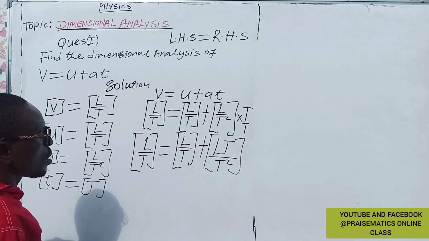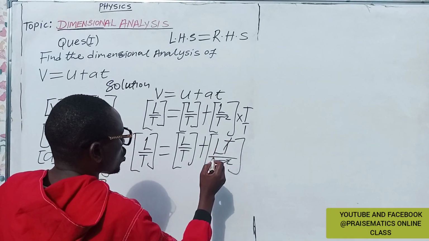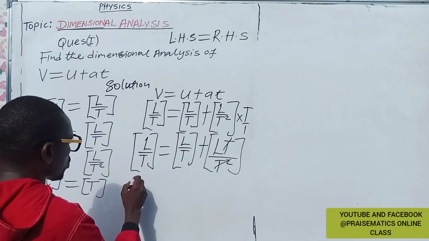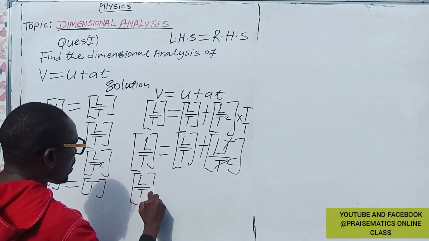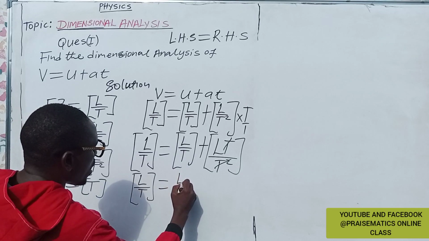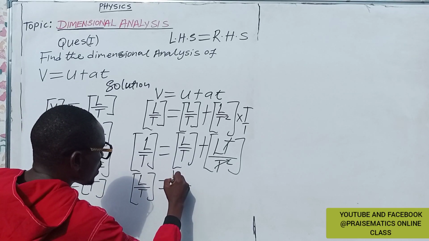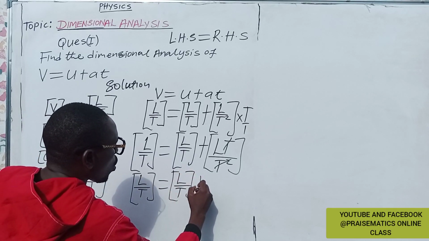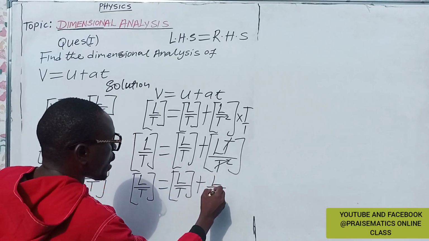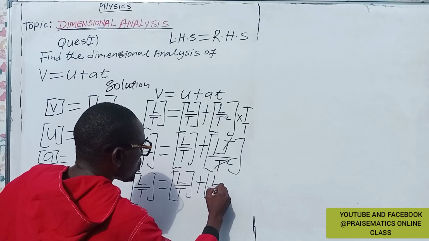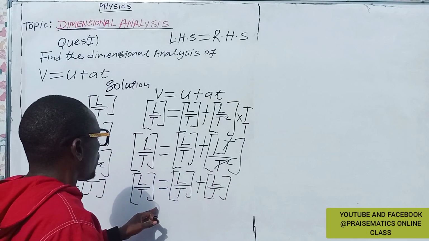Mathematically, this T can cancel one of the Ts in T square. We are left with 1, so we have L over T is equal to L over T plus L over the remaining T.